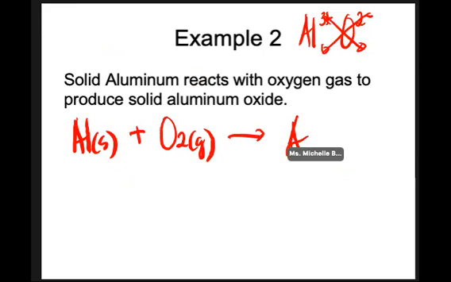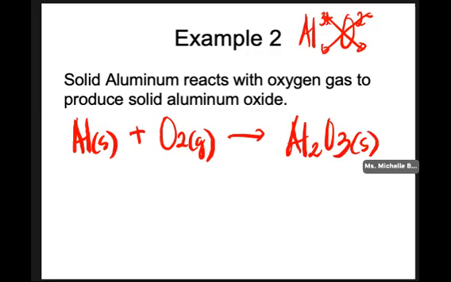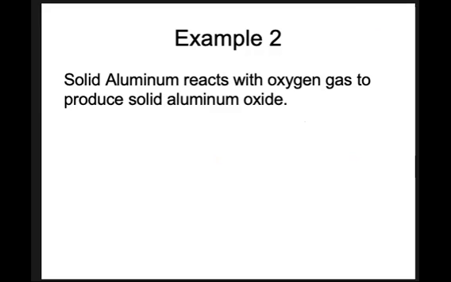Therefore, you have Al2O3, and that is in solid form. That is a chemical equation. Okay, so we have seen the importance of having the previous video for your chemical equation.